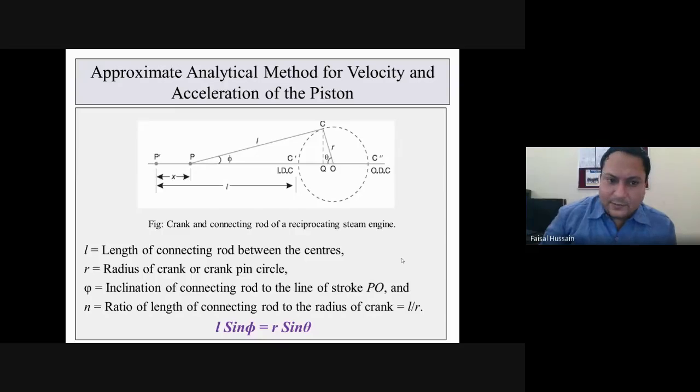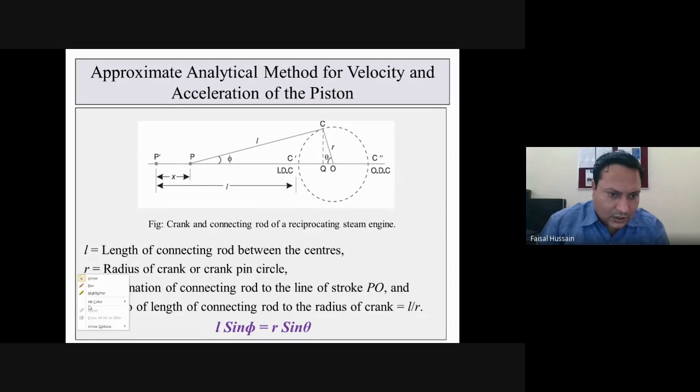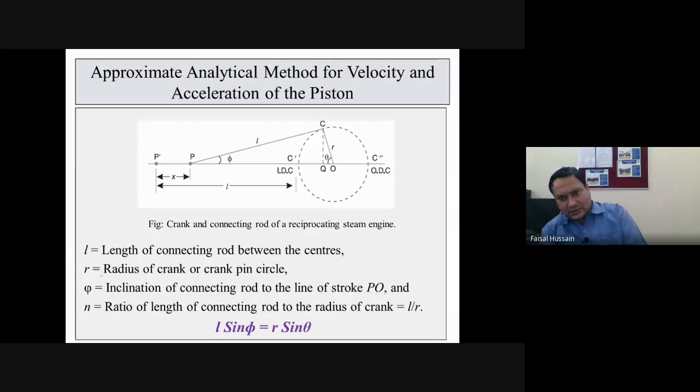So in this figure it is a single slider crank mechanism. Also I have taken the crank and connecting rod system of a reciprocating steam engine. In your kinematics of machine you have learned about the graphical method.